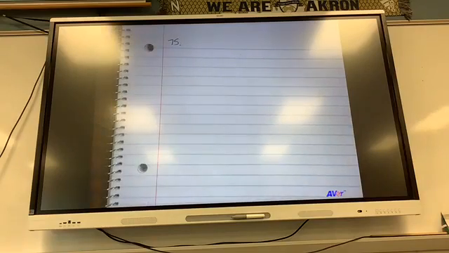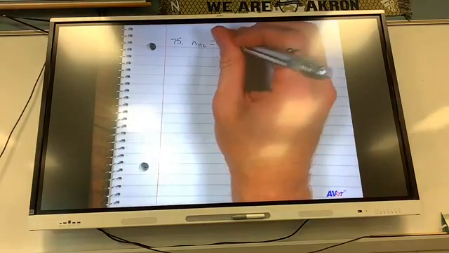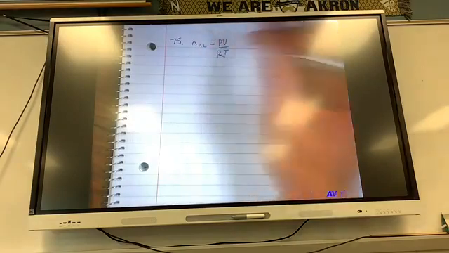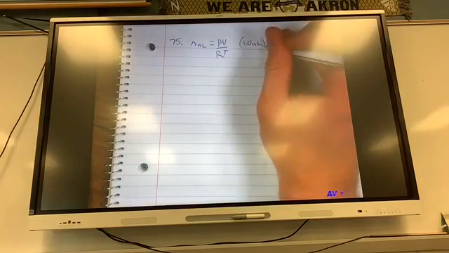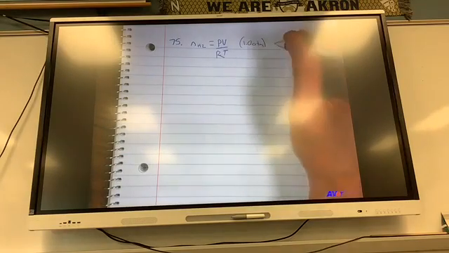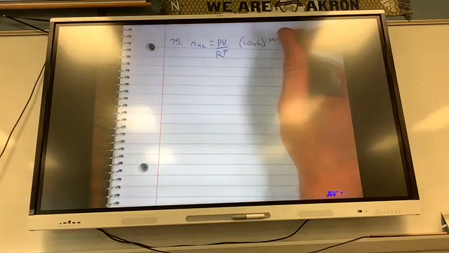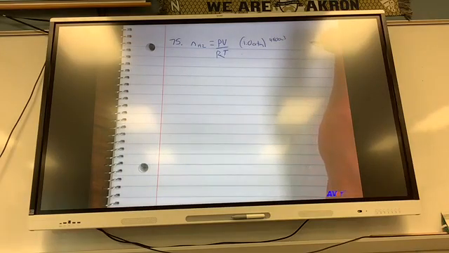All right, first thing I would do is figure out my number of moles of H2. So my nH2 is going to equal PV over RT. So I'm going to take 1.0 atmospheres times the volume, which needs to be in liters.